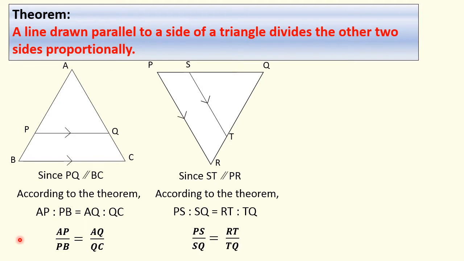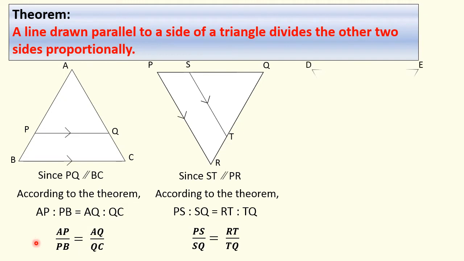When you write it in the fractional form, it's PS over SQ equals RT over TQ. Here in the first figure, line PQ is parallel to BC. In the second one, ST is parallel to PR.